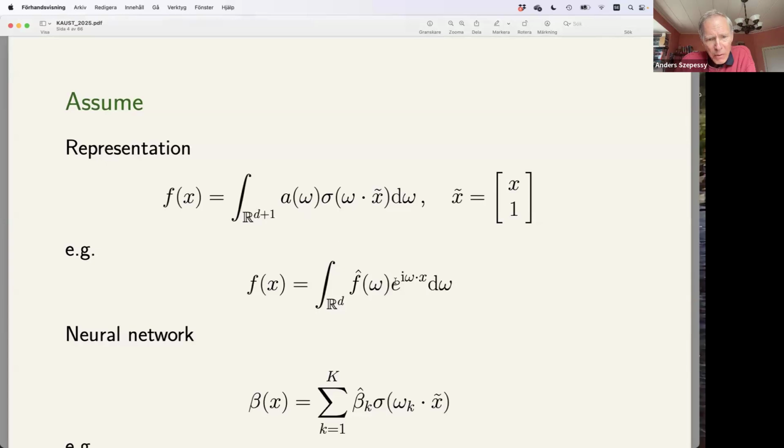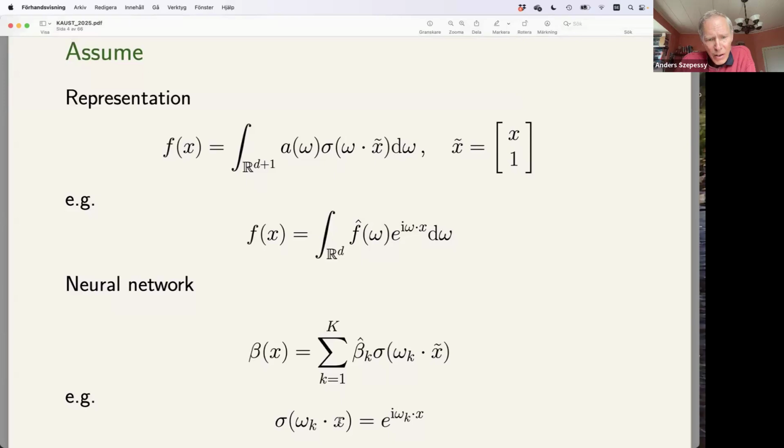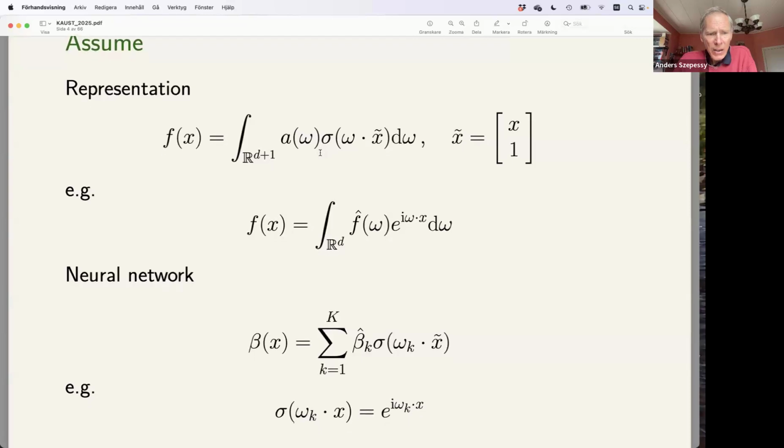If we have that, then we are led to random Fourier features with this activation function, the complex exponential. If we would have another activation function, we would need to have another representation. That has also been tested with this resampling method, but I will not talk about that today.